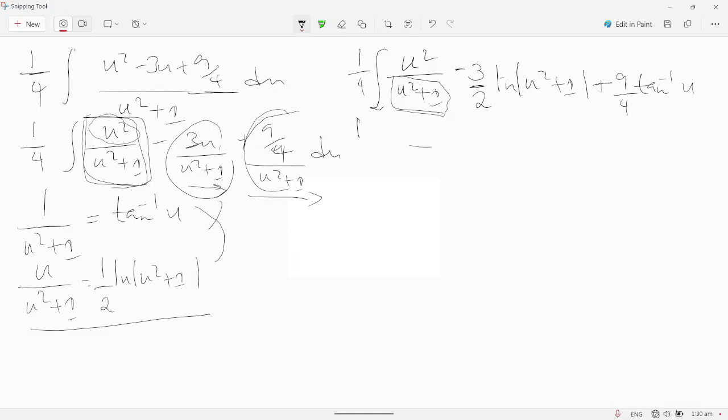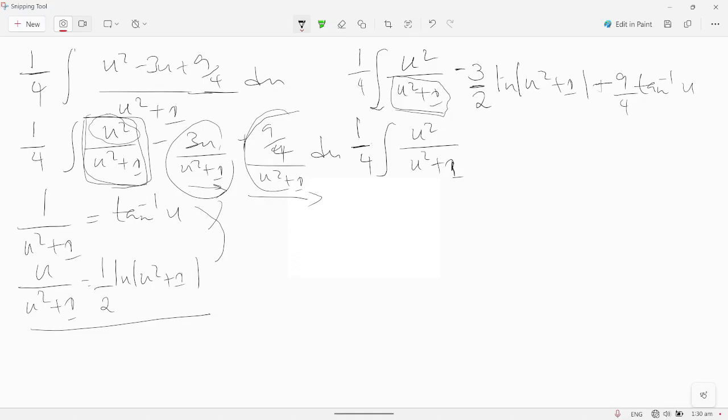So we say 1 over 4 integral u squared over u squared plus 1.